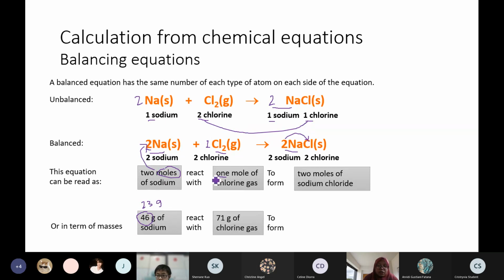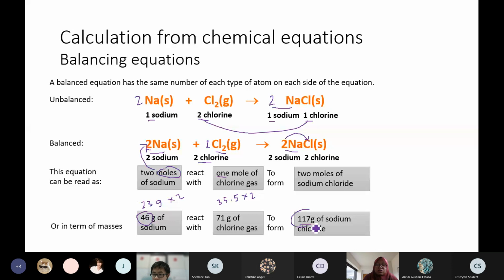There are 2 chlorine atoms, and 1 chlorine atom is 35.5, times 2 equals 71. And then the product is the same. 46 plus 71 equals 117 grams.